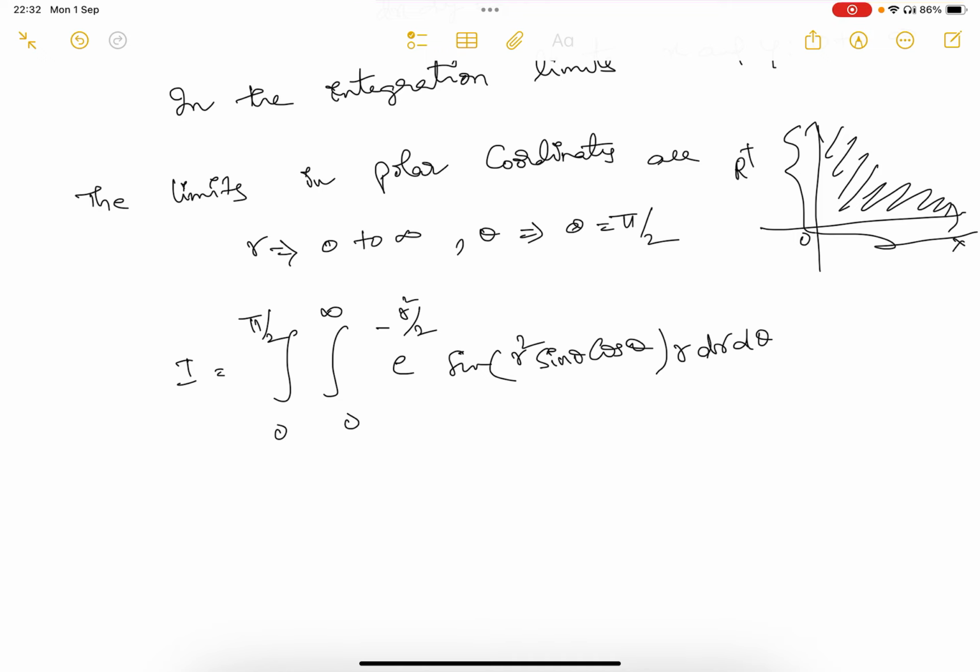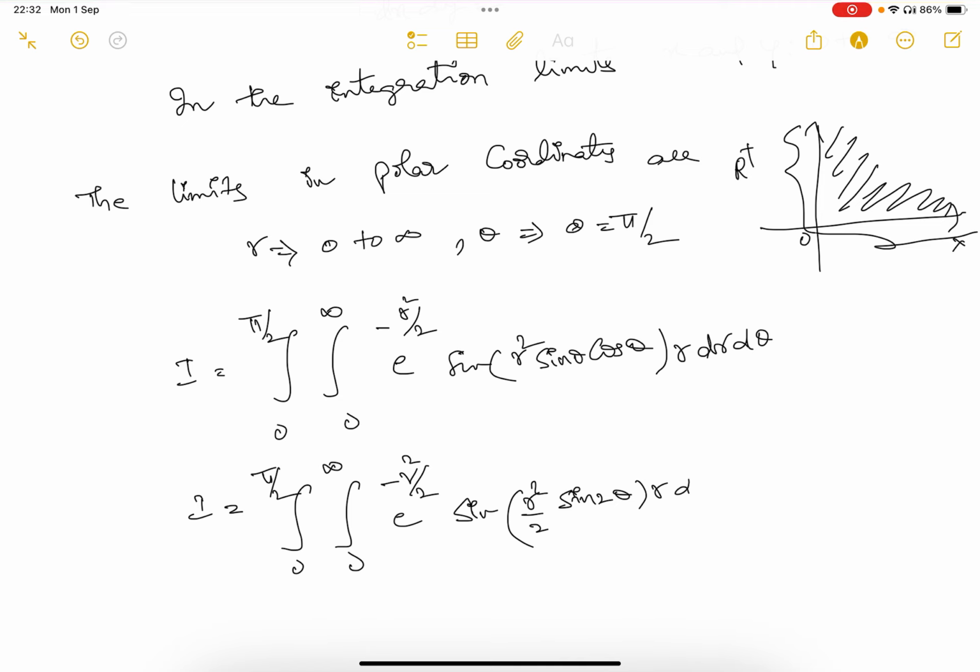Then let's do some simplification here. This can be written as integral 0 to pi by 2, integral 0 to infinity, e power minus r squared by 2 into sine of r squared by 2 into 2 sin theta cos theta, which is sine 2 theta, r dr d theta.